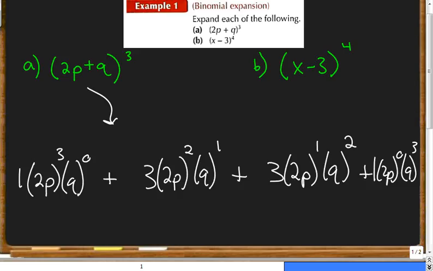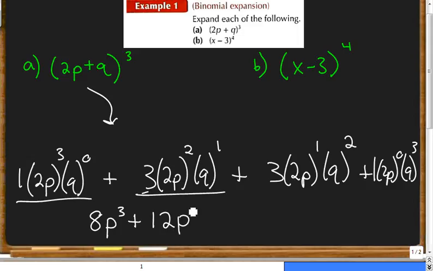So they trade off in that pattern. Now the 3s represent the number of different combinations of those terms, like when we get like terms throughout an expansion. So we can go forward and actually solve this out. If you multiply these terms out, you're going to get 8p cubed. And then this is going to be 3 times 2 squared, so it's going to be 12p squared q.